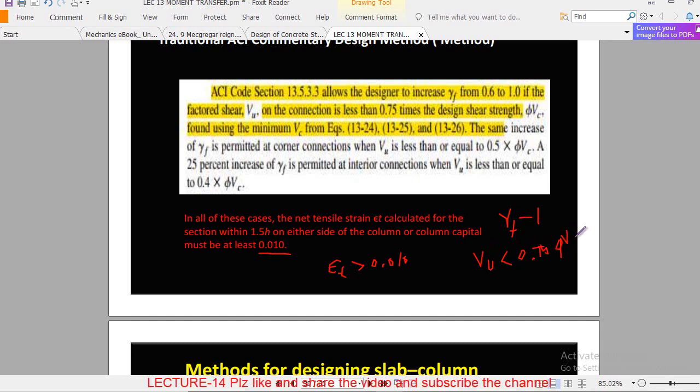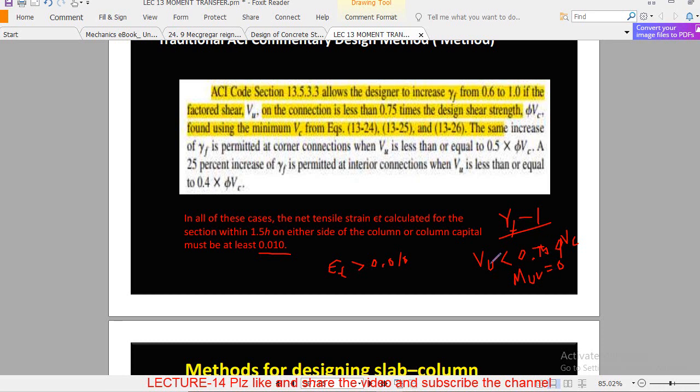Remember, if you find the value of phi Vc and multiply it with 0.75 and it is still more than Vu, you can say that the total moment is transferred by flexure and no moment is transferred by eccentric shear. So in that case your Muv becomes 0. So the calculation will be simpler for us.